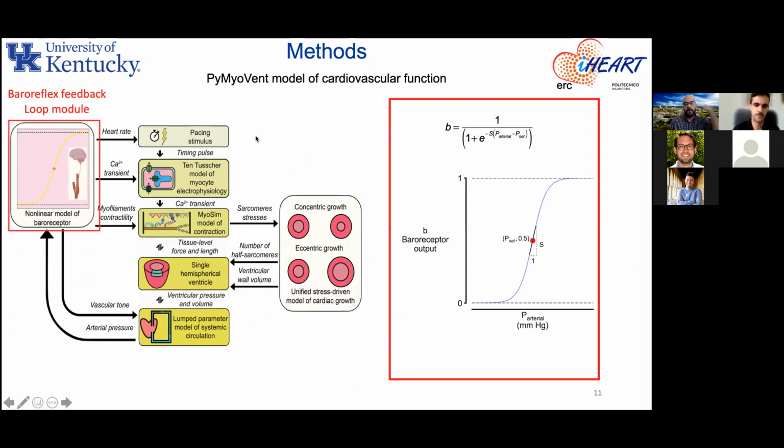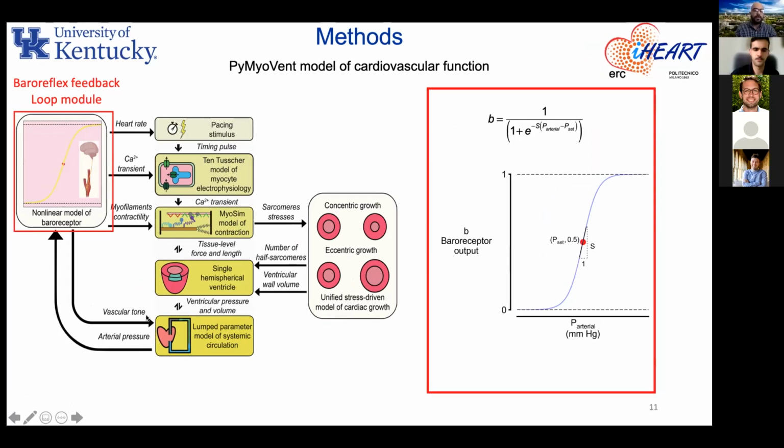If I understood your question completely, the baroreflex module was able to regulate the system at multiple scales. For example, it is able to change the vascular tone by changing the compliance of veins, or it can also change the myofilament contractility and calcium transient at the cellular level.